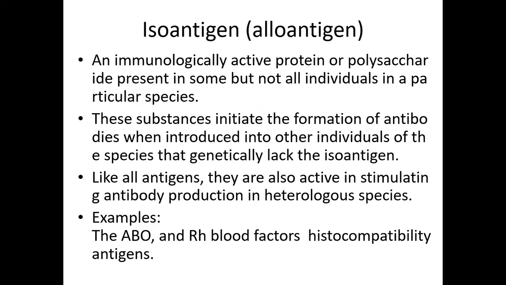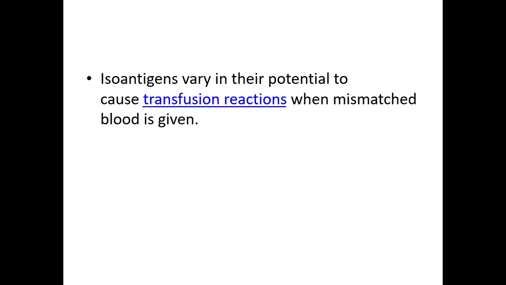Like all antigens, they are also active in stimulating antibody production in heterologous species. Examples are the ABO and Rh blood factors and histocompatibility antigens. Isoantigens vary in their potential to cause a transfusion reaction when mismatched blood is given.